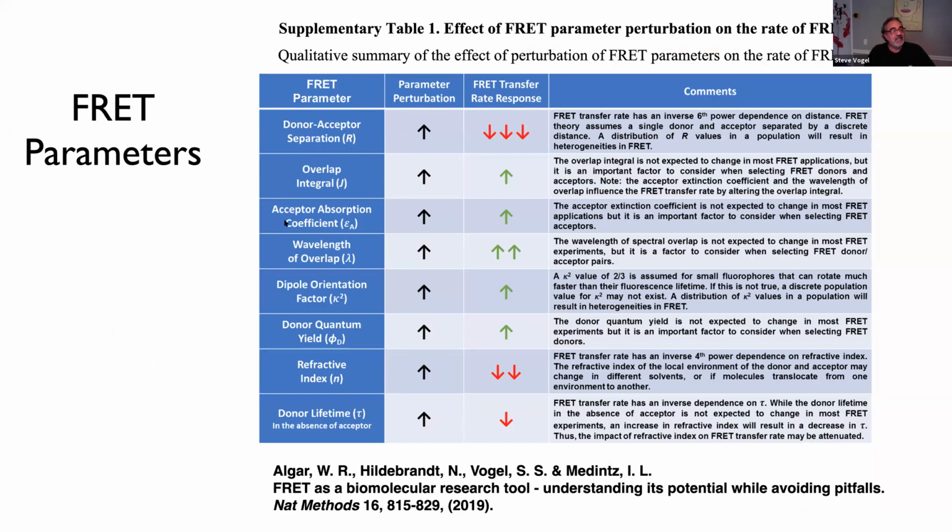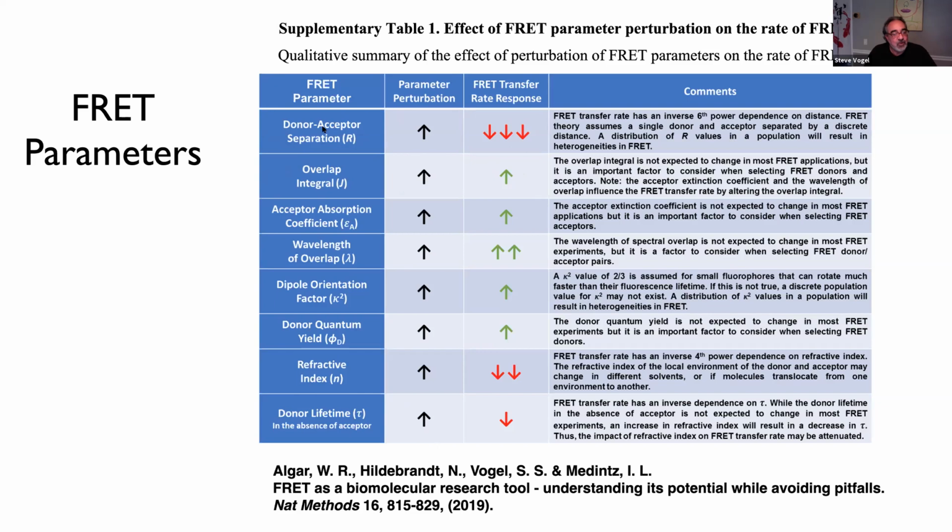But in fact, if something changes the overlap integral, or changes the absorption coefficient of the acceptor, or changes the wavelength of overlap, or changes the dipole orientation, or changes the quantum yield, there are many factors that can influence the FRET. Ideally, when we're doing a biological experiment, we want all of these factors to be frozen and this to be the only floating non-controlled variable, and therefore that's how we interpret our results.